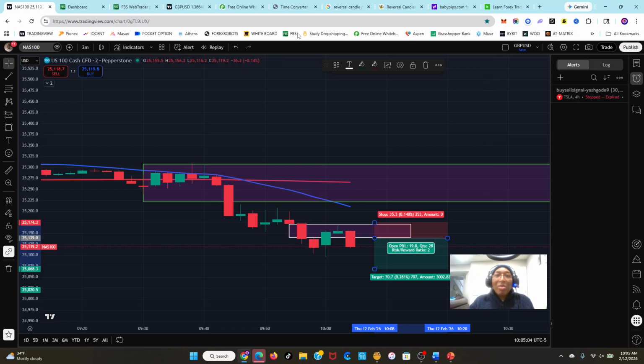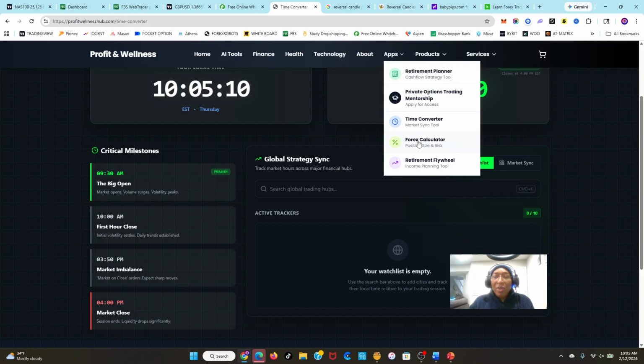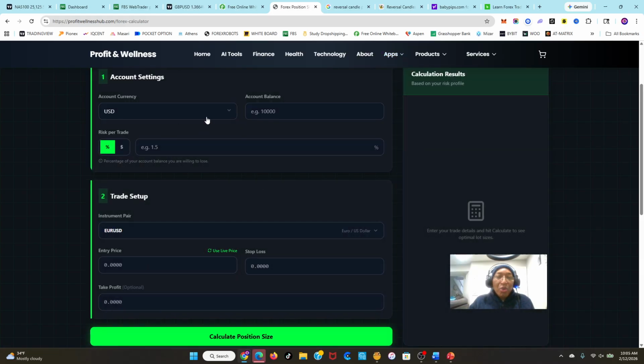And of course we got to bring our calculator, so we are using this calculator here. You go to the apps and we have a Forex calculator. So US dollars, our account balance is 843 this morning. How much are we targeting? Let's say we want to risk up to 1,000 cents.